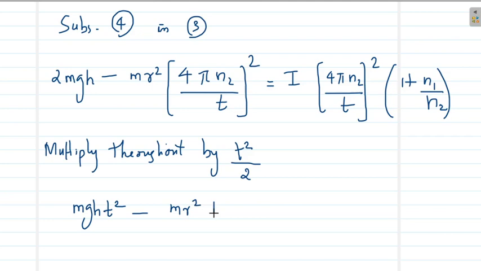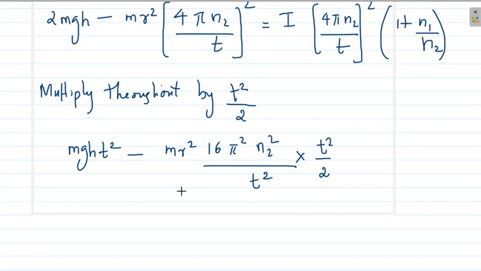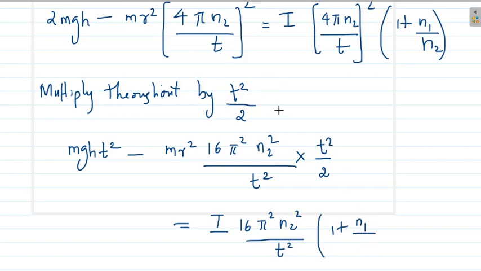So it is m r square into 16 pi square N2 square divided by T square multiplied by T square by 2, which is equal to I into 16 pi square N2 square divided by T square into 1 plus N1 by N2 multiplied by T square by 2. So as you can see, T square will cancel, this will cancel to give an 8, here again T square will cancel, and here we have another 8.